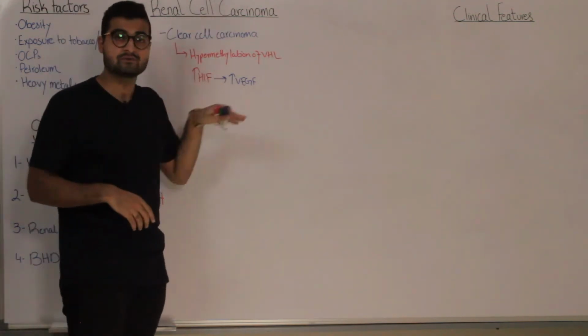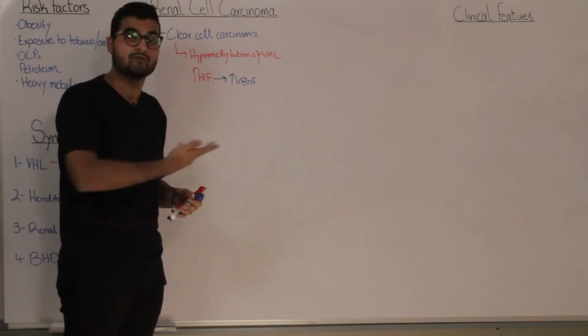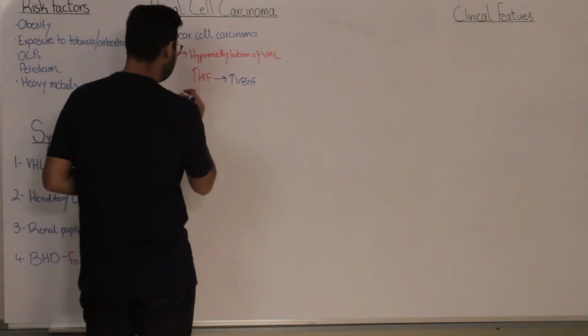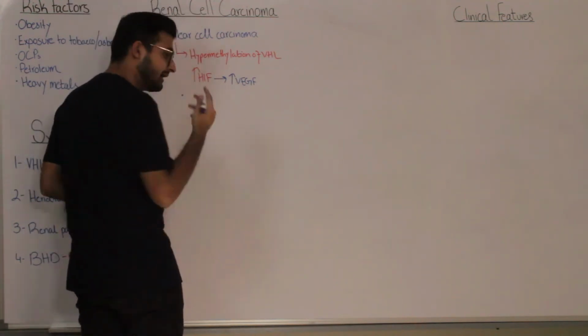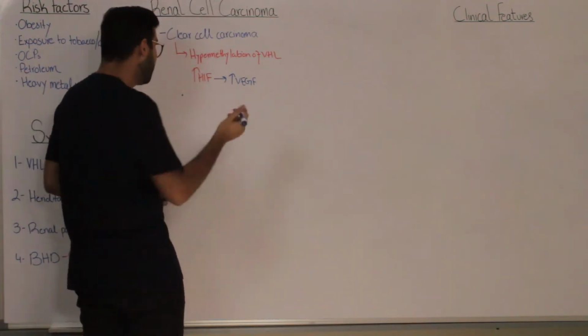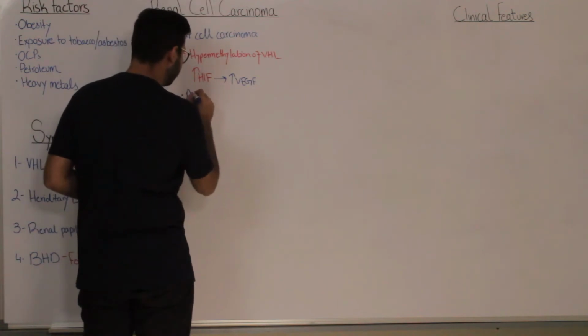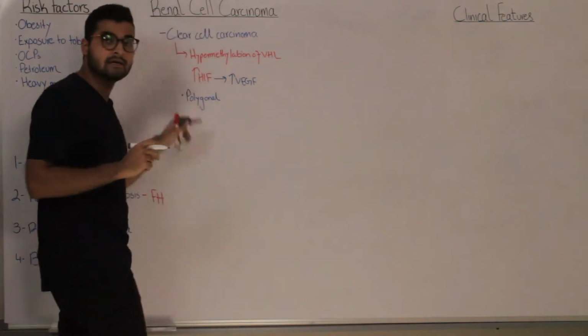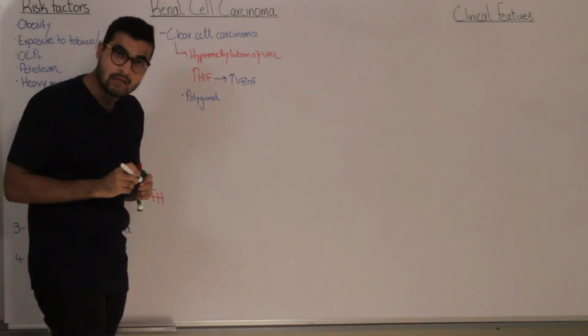So what would you see in the morphology of clear cell carcinoma? A few things to note: you basically have clear, polygonal cells on morphology, and these polygonal cells will be yellow in color.